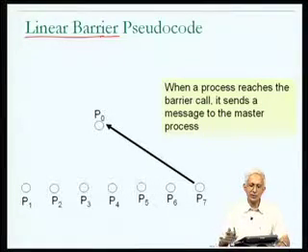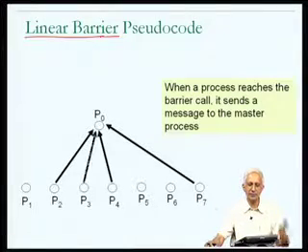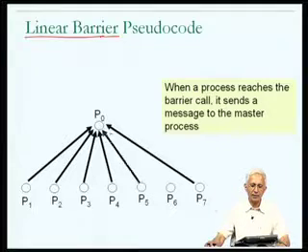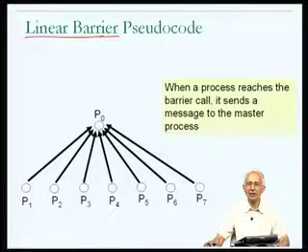So the first process that reaches the barrier sends a message to the master process, then the second, then the third, etc. At some point in time, all the 7 processes would have reached the barrier and sent a message to the master process.